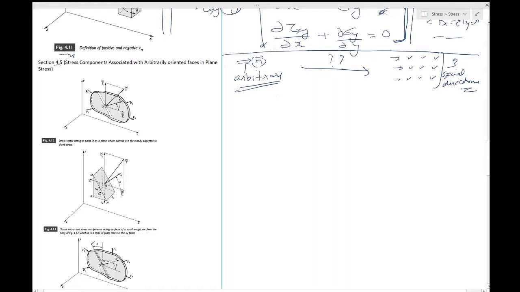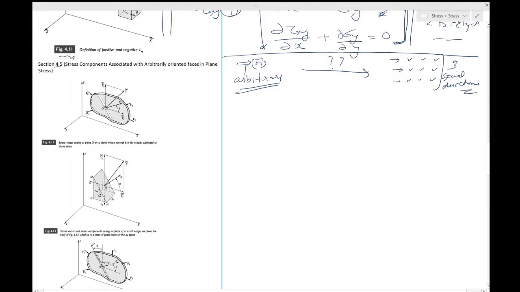So in simple language, if you have this two-dimensional body, at any point you know the numerical value of sigma x, sigma y, tau xy.